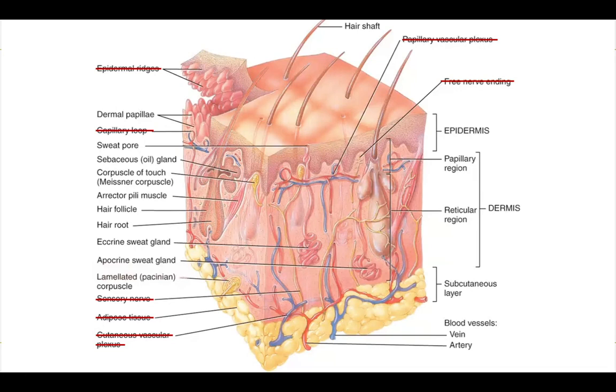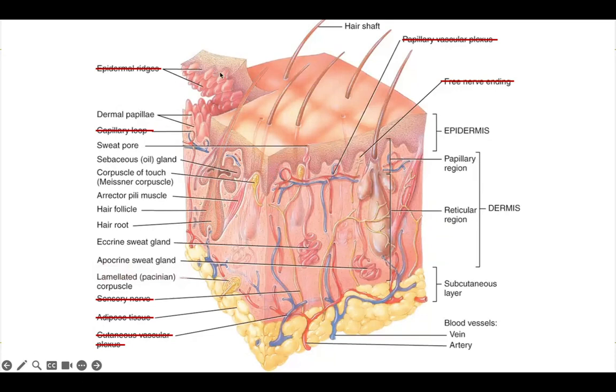All right, so starting us off, in the papillary region of the dermis, we have dermal papillae, and they kind of look like hills, okay, like little tiny hills. All right, so these are the portions of the papillary region. You can see the papillary region kind of has like these little hills along the side of it.